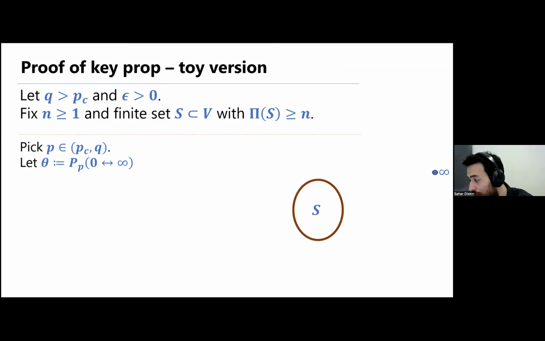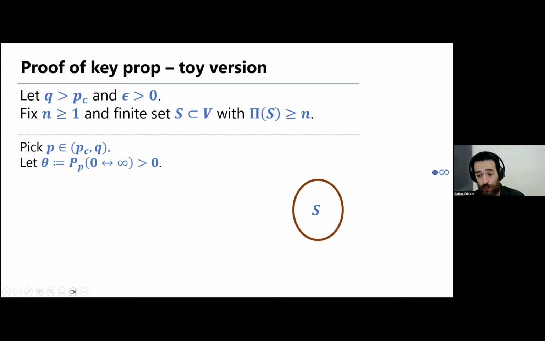Okay. What we know by assumption, because P is supercritical, is that theta is strictly bigger than 0. So what does this tell us? For any vertex that I look at, one of two things happens. I know the probability that it goes to infinity is at least theta.